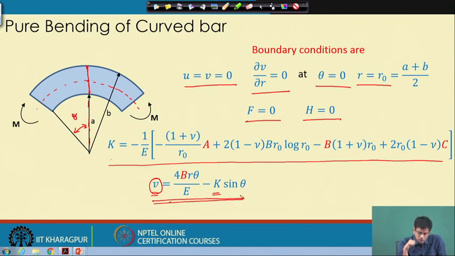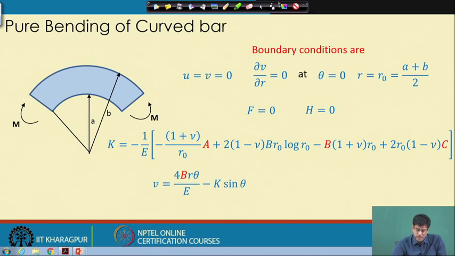So this is the displacement for the pure bending case. Similarly, with f, h and k, we can find u also. This completes the pure bending part, what we started discussing in the last class.